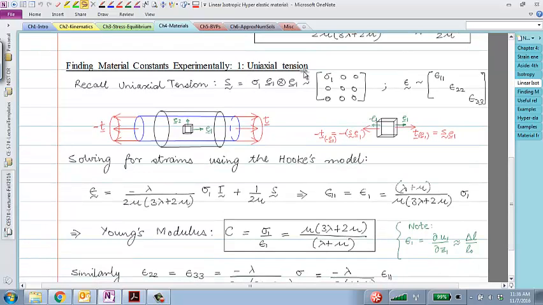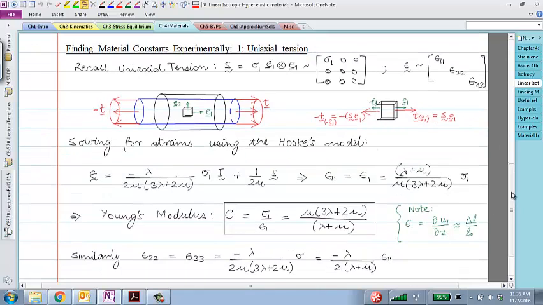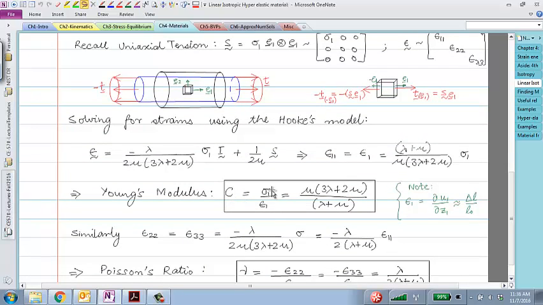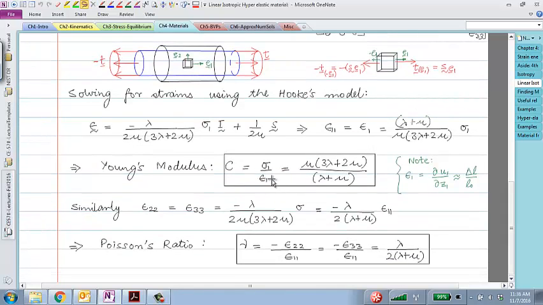We could conduct a uniaxial tension test that gives us Young's modulus. Young's modulus is a ratio of the applied traction on the bar to the elongation in that direction, and Poisson's ratio is lateral contraction with respect to axial elongation.